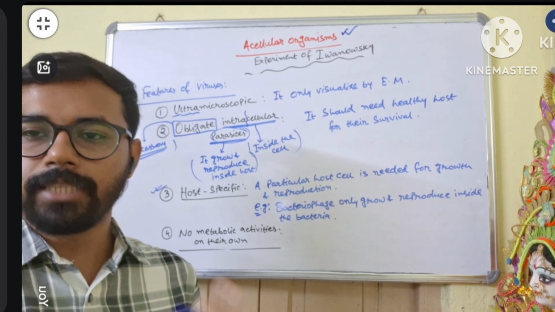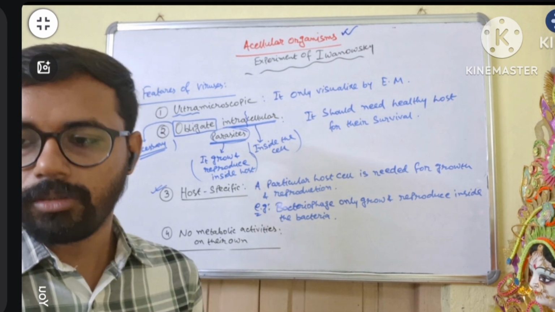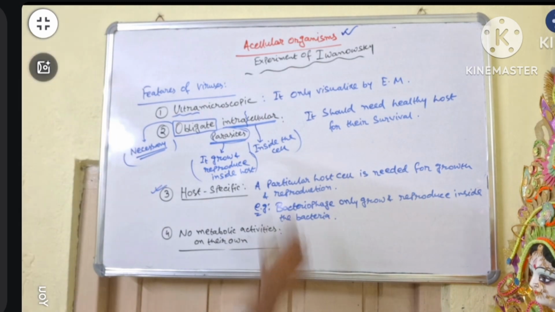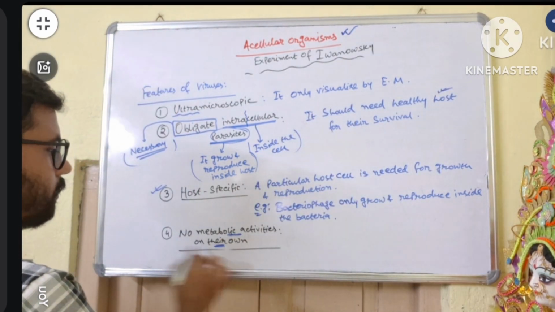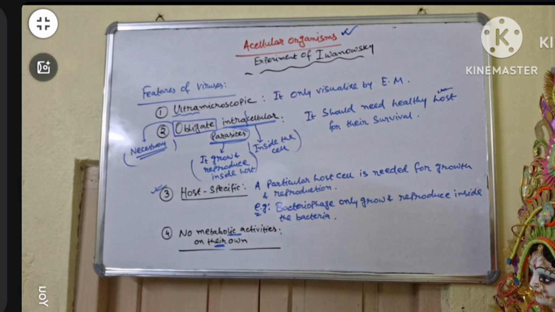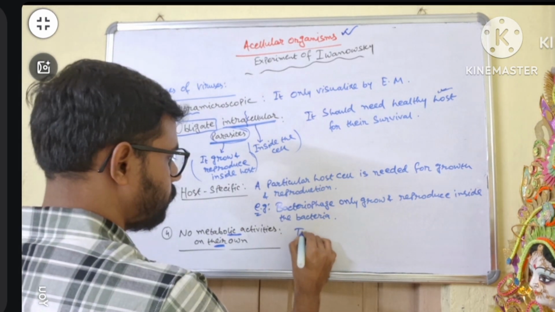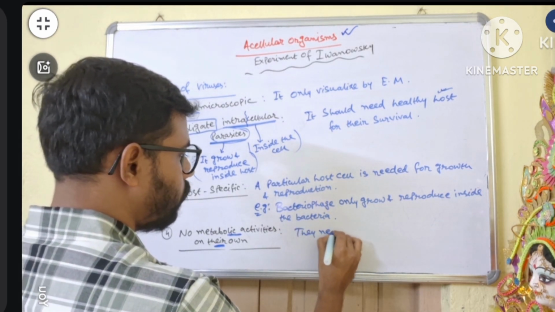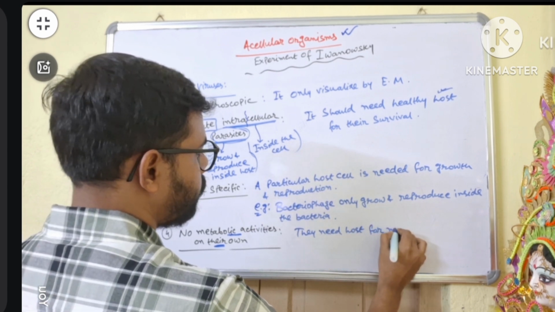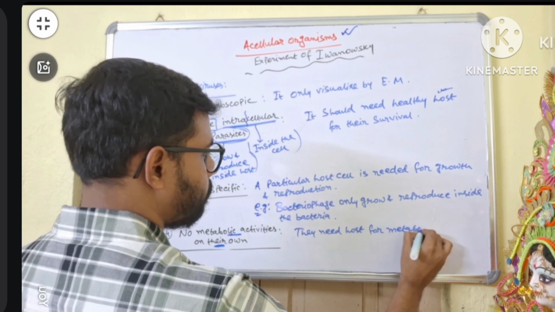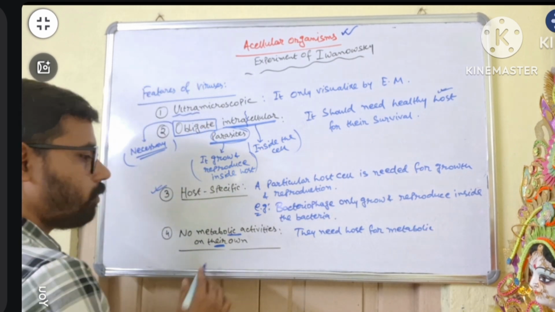They need some enzyme help from the host. So they prefer to grow in a host because they need metabolic activity. They need a host for metabolic activity. They cannot do it on their own.